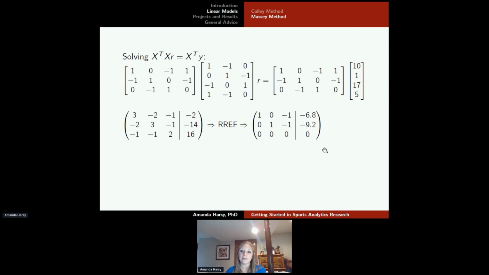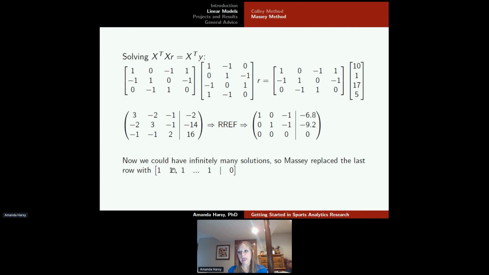So what Massey did was he added a row that was not a linear combination of the other rows. In particular, he adds this row, which is all ones and a zero at the end, which is basically that the sum of the ratings of the teams equals 0.